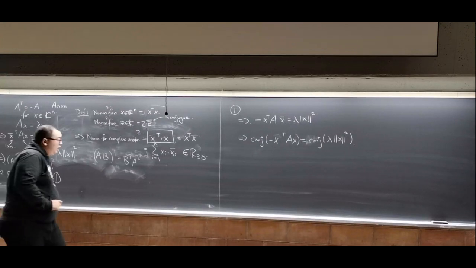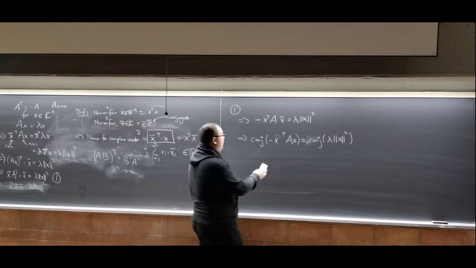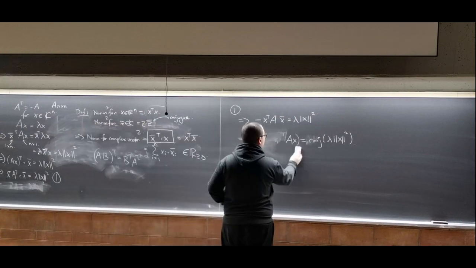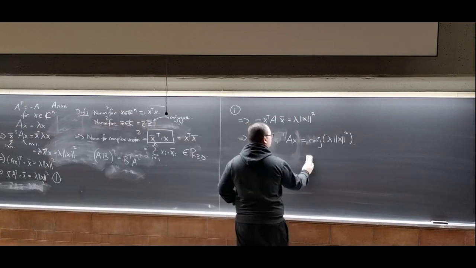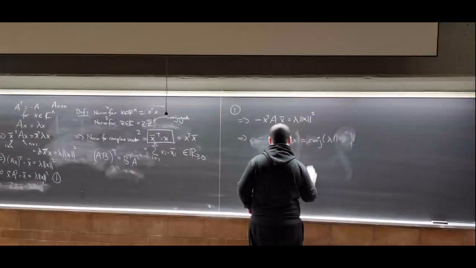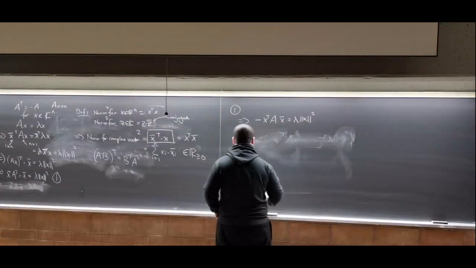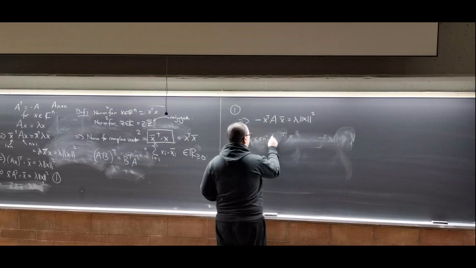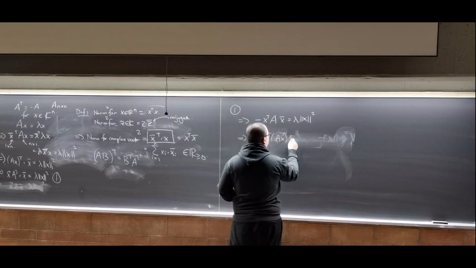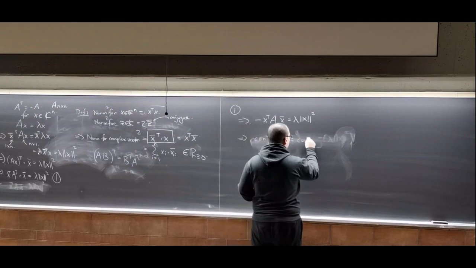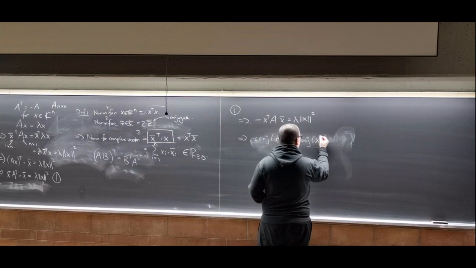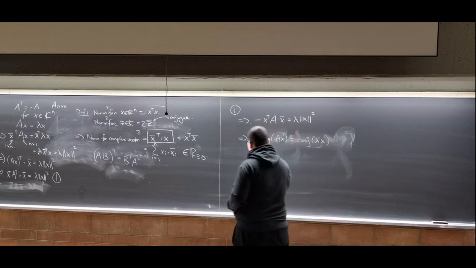Actually, no, we don't have to take conjugate of both sides. We only have to take conjugate of this. We just take conjugate of Ax equals lambda x. We can just take conjugate of this.